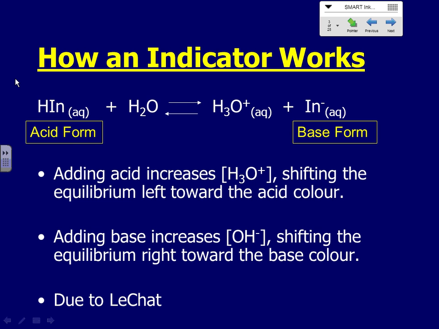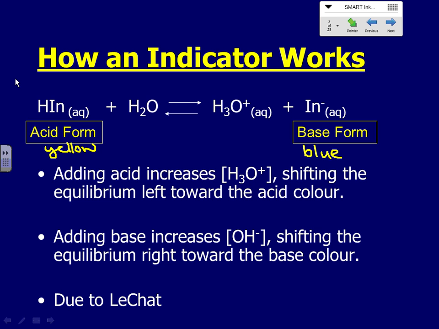If I was talking perhaps about bromothymol blue, we just used bromothymol blue in our Ksp experiment. And in the acid, when we titrated with acid, that bromothymol blue was yellow, right? And in the base, that bromothymol blue was blue, okay?